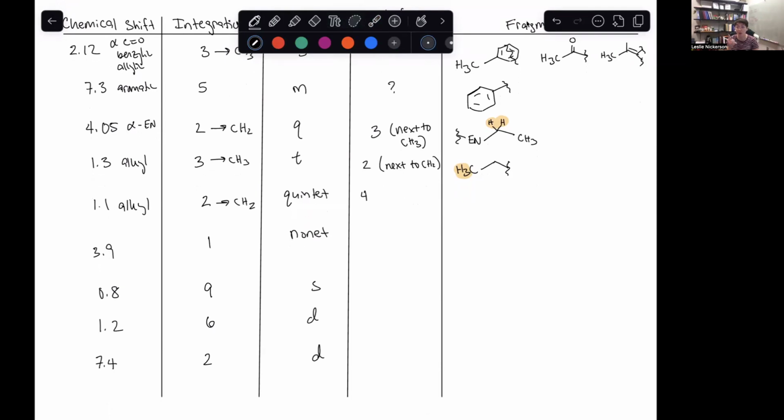You can either be next to a CH and a CH3 or 2 CH2s, okay? And it would make sense to not be discounting either side of that at this stage.